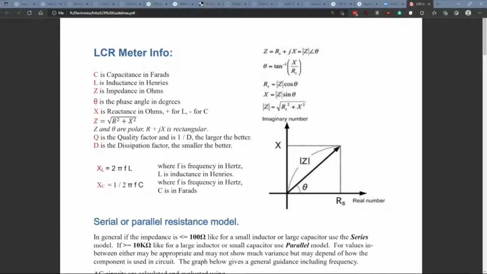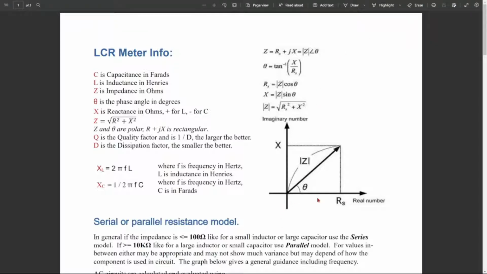Okay, so anyone that has been exposed to AC electronics circuits and studied them in school would have come across complex numbers. And we looked at this little graph before. In this particular graph here, the series resistance value would be the real number, and the reactance would be on the vertical axis here, and that becomes, as it says, the imaginary number.